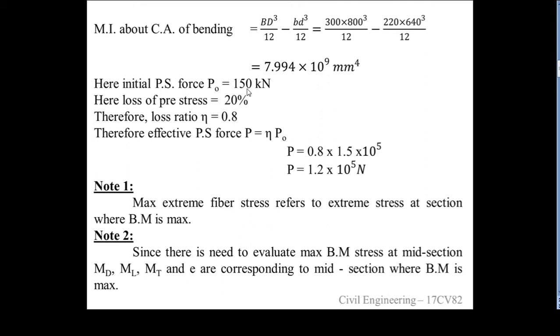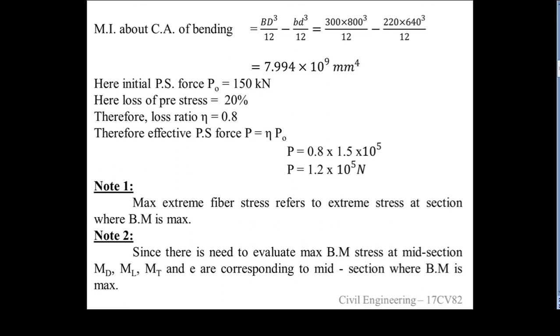Hence P naught is equal to 150 kilonewton is given here, and also loss of stress is equal to 20% is given here. Therefore loss ratio nu is equal to 0.8, that is 1 minus 0.2 gives 0.8. Nu is equal to 0.8, that is 80%.